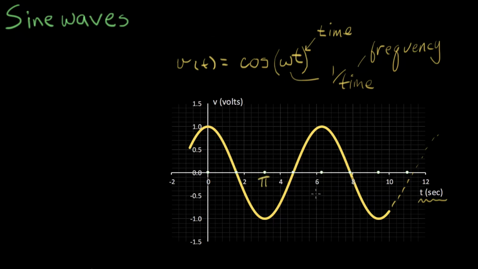And this is at 2 pi seconds, that dot right there. And you can see that that is the full cycle of 1 cosine before it starts repeating again. So that's 6.28 seconds. So for this image here, omega has the value of 1. So when time, t, reaches 2 pi seconds, we've gone through 1 full cycle.